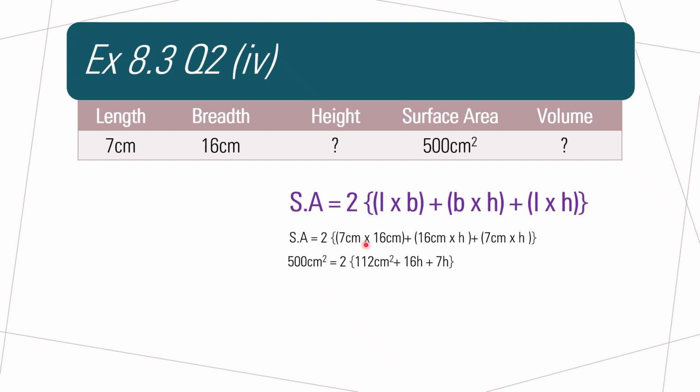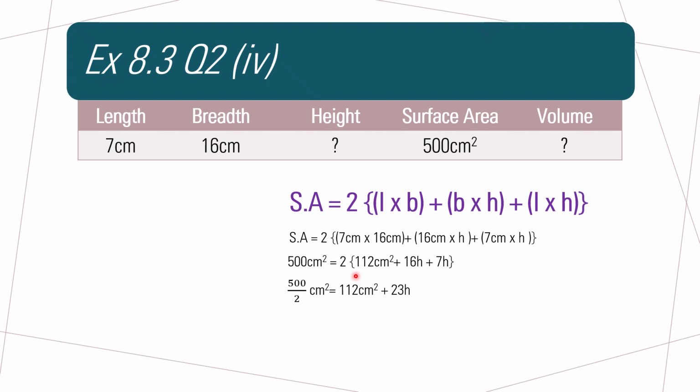Now multiply these two values, we get 112 cm². Multiplying these two values, we get 16h cm. And multiplying these two, we get 7h cm. In the next step, we will shift this 2, which is multiplying by this bracket, to the other side of the equality sign.